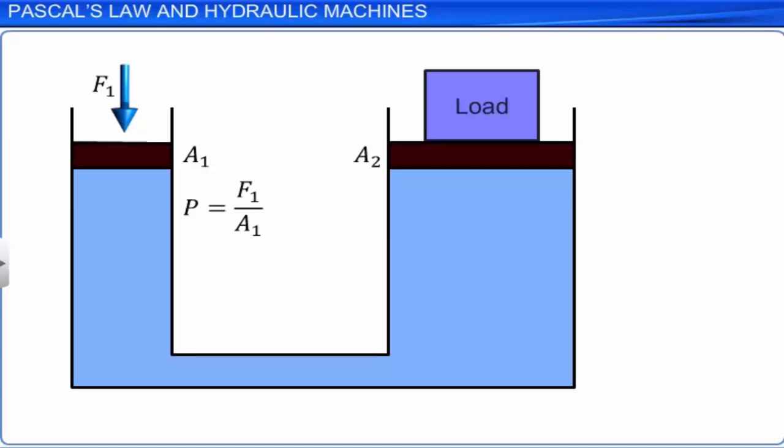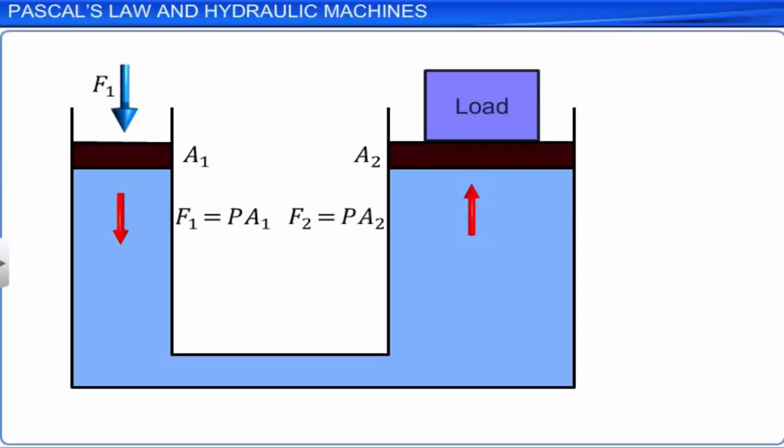is transmitted equally to the large piston, the upward force F2 acting on the load is equal to the product of the pressure and area of cross-section of the larger piston A2. As A2 is greater than A1, we have F2 greater than F1.